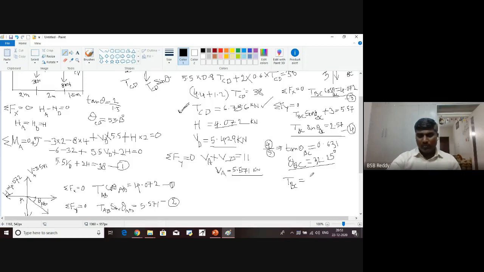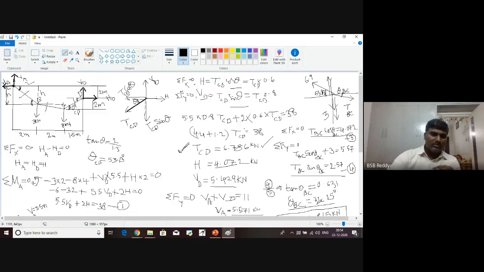So you get 4.815 kilonewtons. So this is the tensile force in the middle cable.